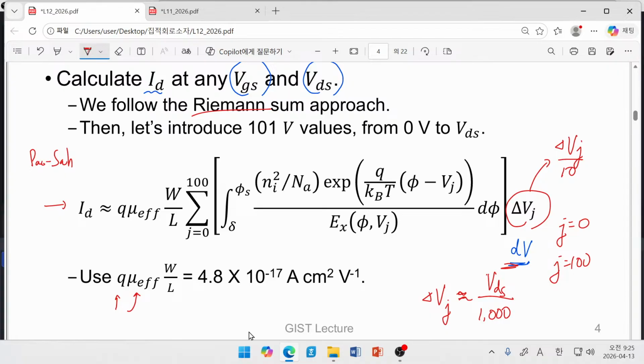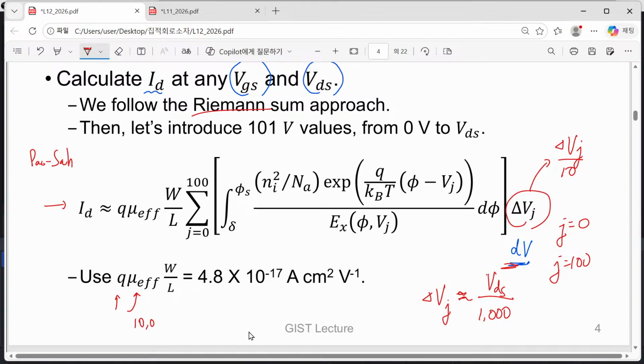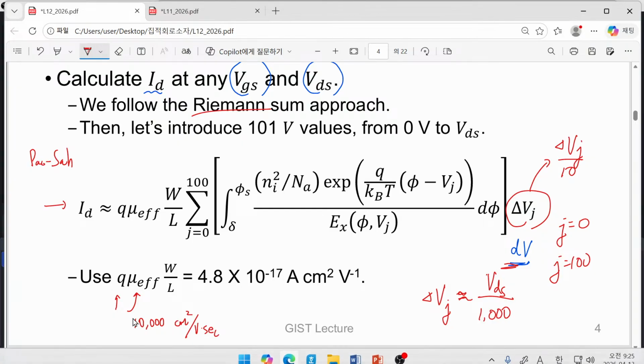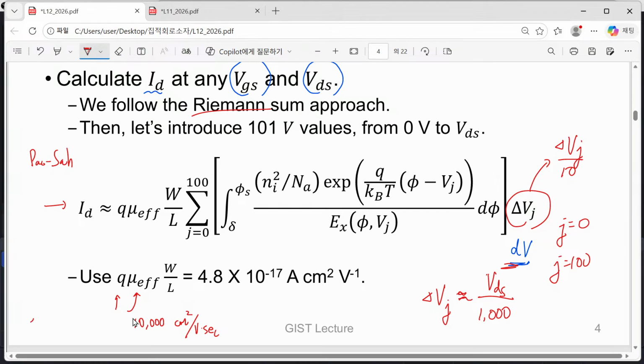For example, if you assume 10,000 square centimeter per volt second, then obviously this is wrong. Or why don't you just say 1 square centimeter per volt second?